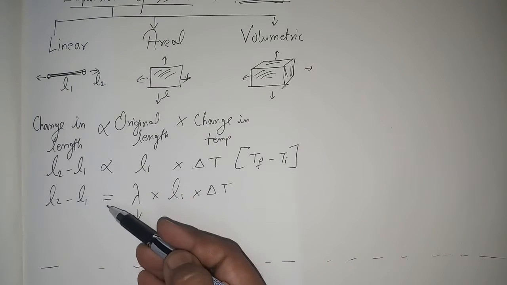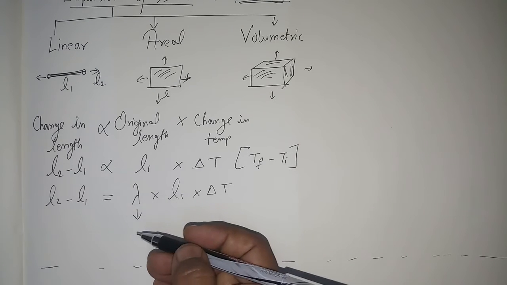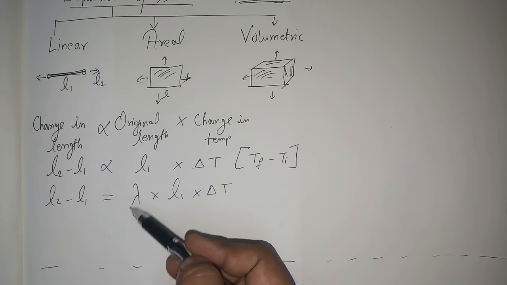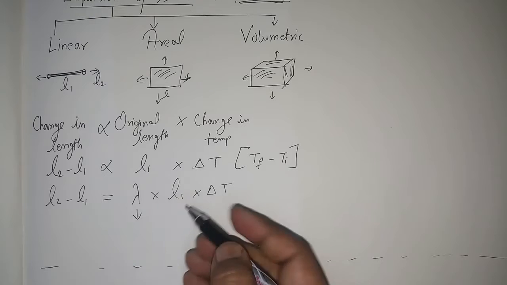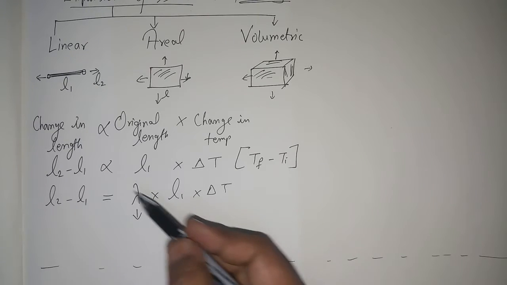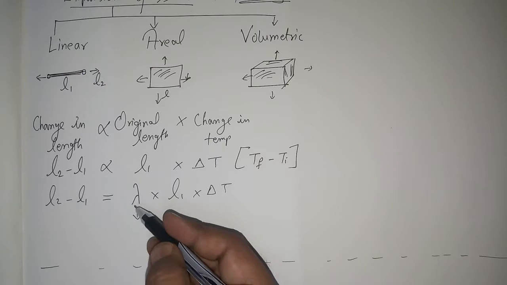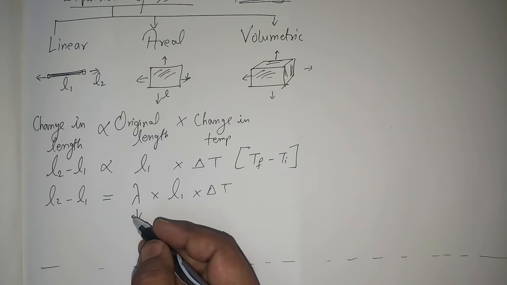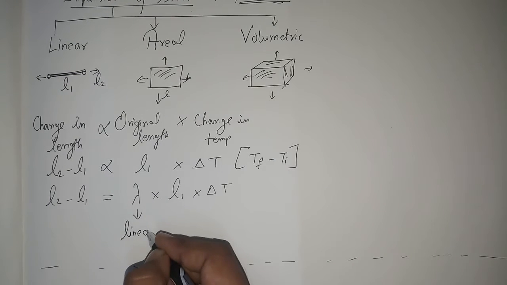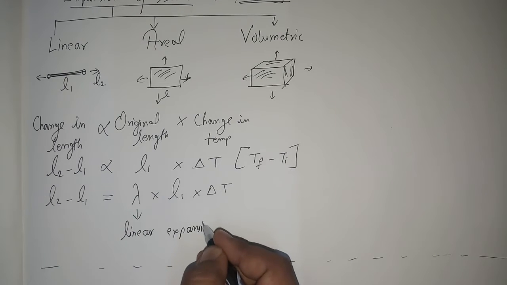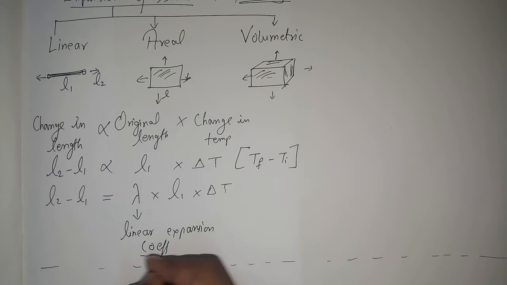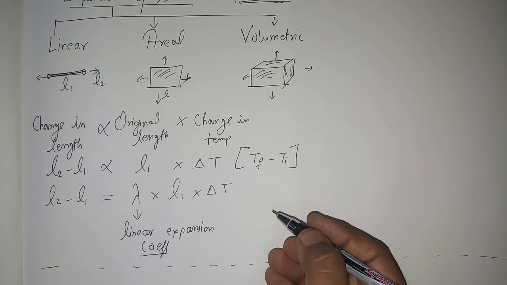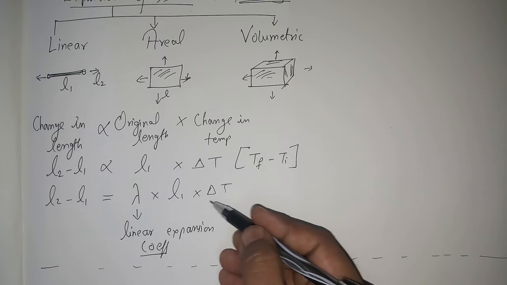Like you do in your maths: x is directly proportional to y, so x equals ky, where k is the constant of proportionality. In the same way in science, in place of proportionality when we put equal to, we insert a constant. This constant is called the linear expansion coefficient, or coefficient of linear expansion. So L2 minus L1 equals lambda into L1 into delta T.